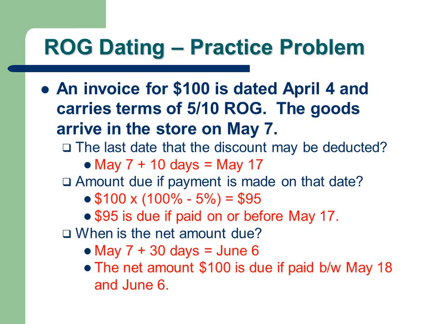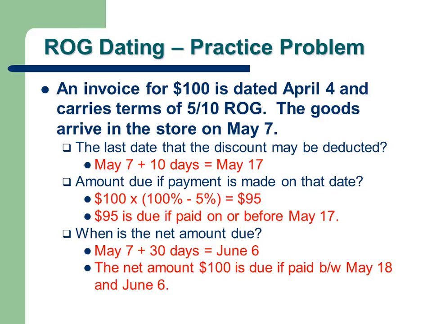The absolute net payment due is 30 days from ROG, right? Again, the term doesn't say what the net term is. It just says 5/10 ROG. It doesn't say N/30 or anything like that. When nothing is mentioned, it implies a 30-day net due. So given that assumption, the net amount due is going to be 30 days from ROG, May 7th.